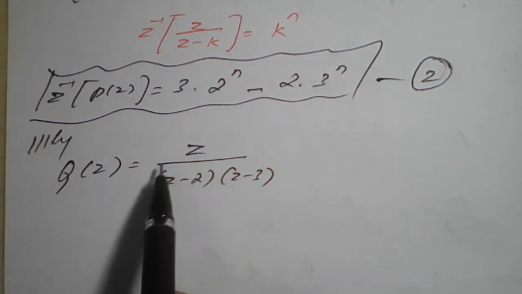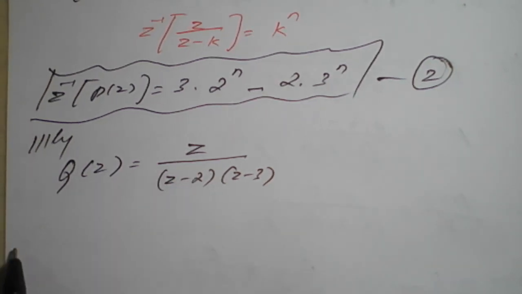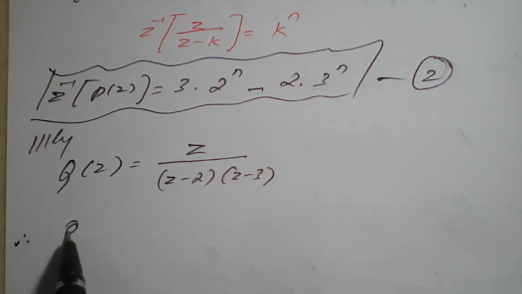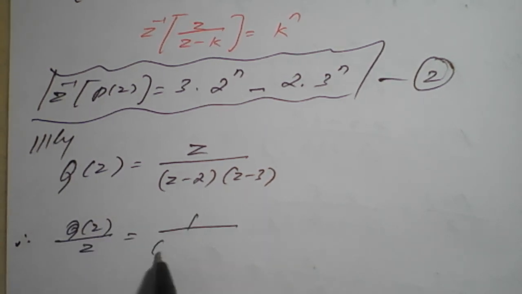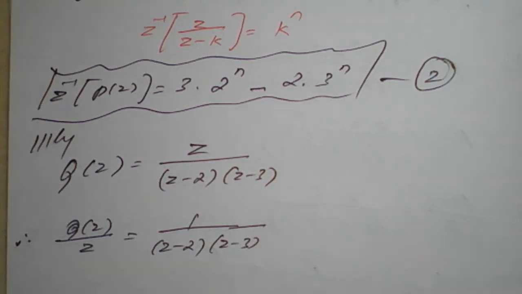So here this z will cross multiply. Therefore Q(z) upon z is equal to 1 divided by (z minus 2)(z minus 3).